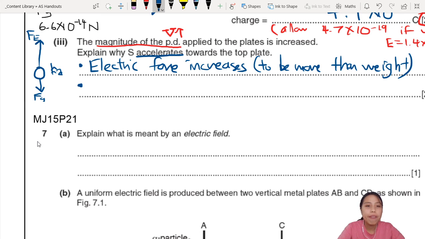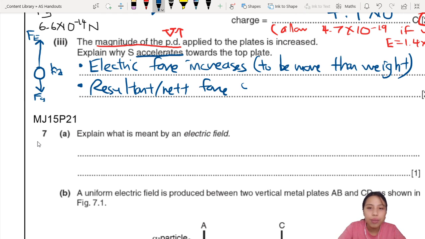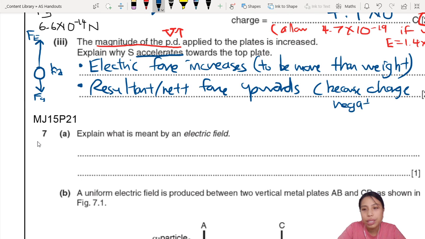So then you want to say the resultant force or net force. Some people prefer different things. There will be a resultant or net force upwards, because you can say the charge is negative. Because if it's positive, your electric force will be pointing in different directions.